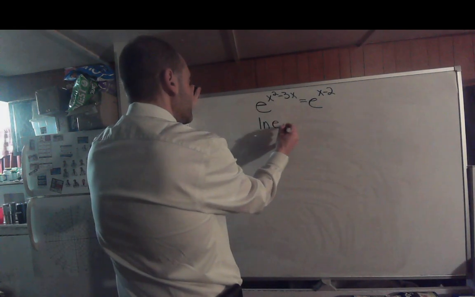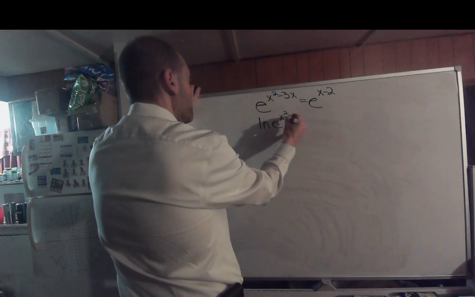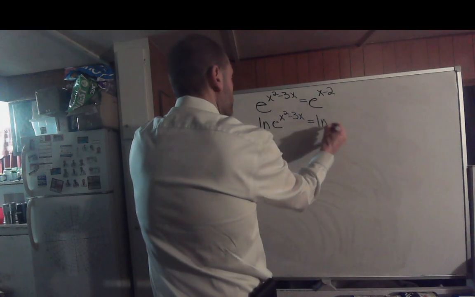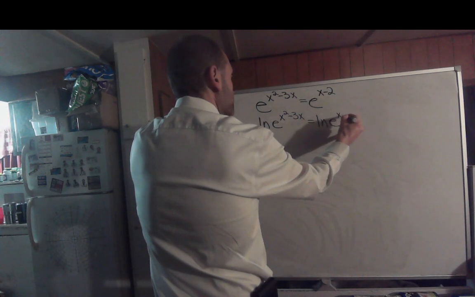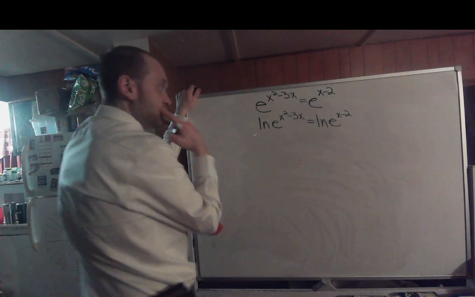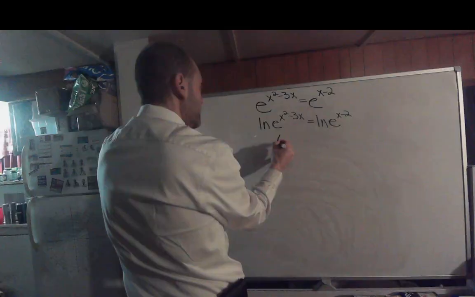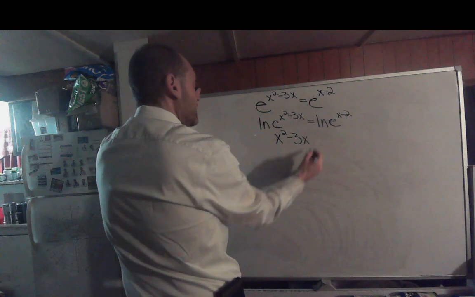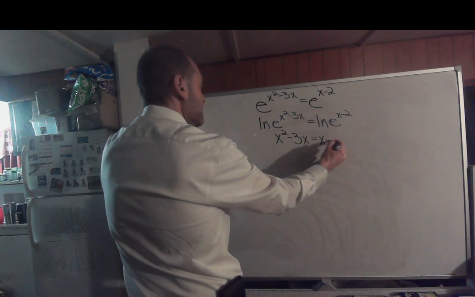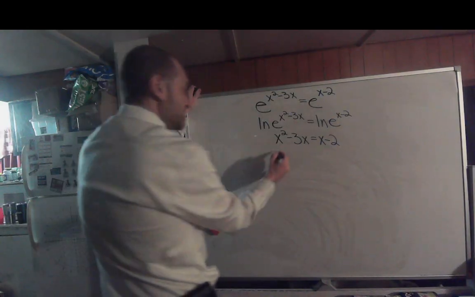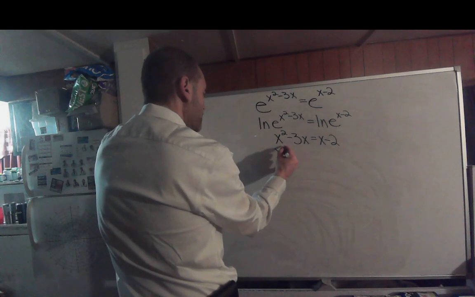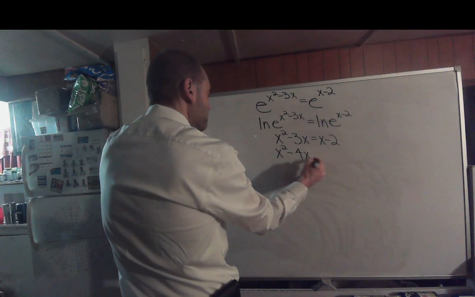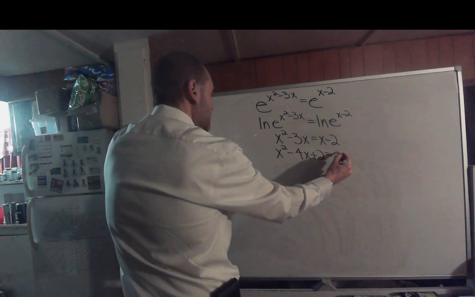So the natural log of e to the x squared minus 3x equals the natural log of e to the x minus 2, which would turn into a simple quadratic equation. You would end up getting that x squared minus 3x equals x minus 2, which would simplify then into x squared minus 4x plus 2 equals 0.